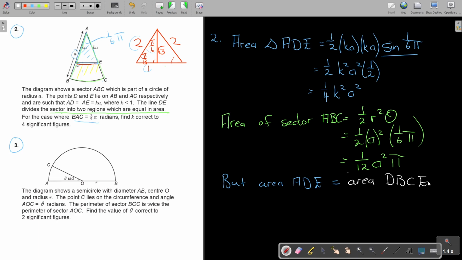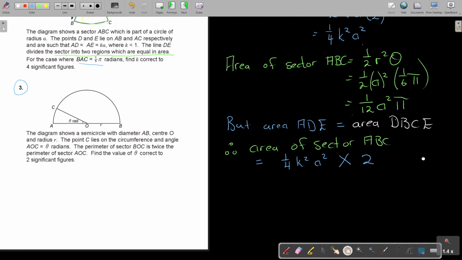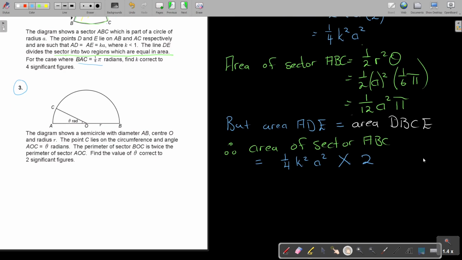So basically, you can also express the area of the sector. So therefore, area of sector ABC can also be expressed in another way by taking the blue, the quarter k squared a squared, and just multiplying it with 2. Basically, I'm trying to express the area of the sector in two different ways.